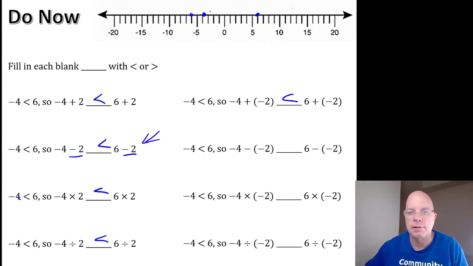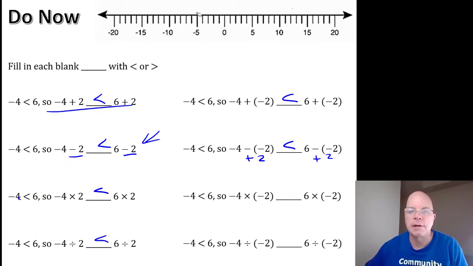This will go here, this will go here, but it'll still be less than. If you subtract -2, subtracting is the same as adding the opposite. So subtracting -2 is adding 2. And we already looked at that right here, so it would still be less than.